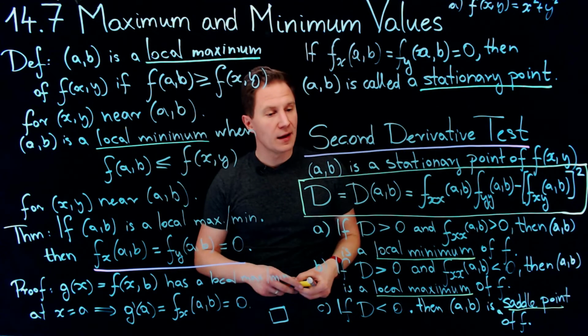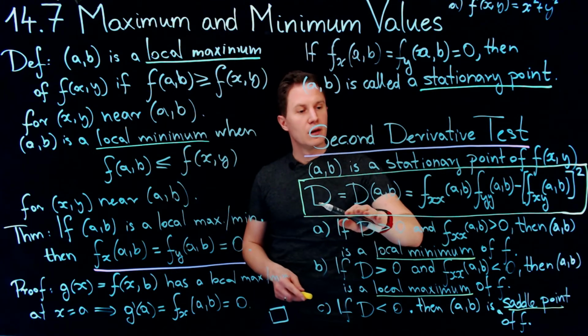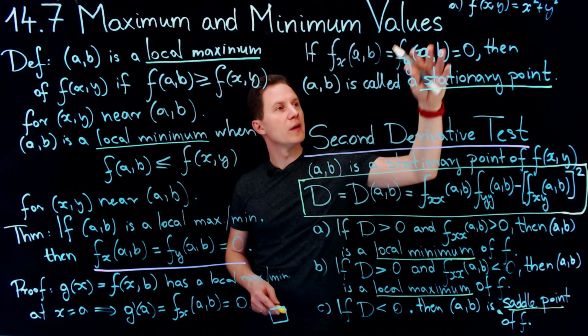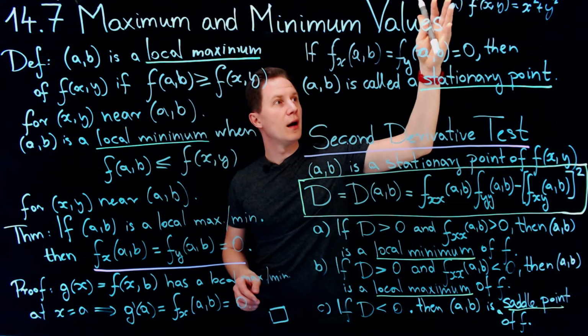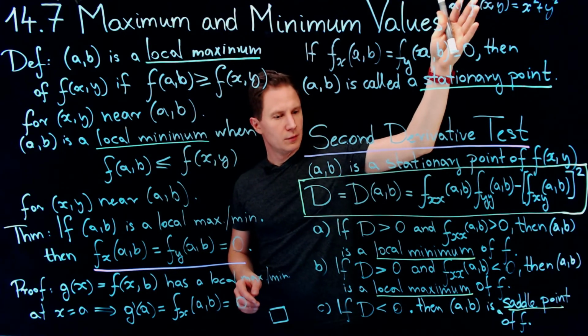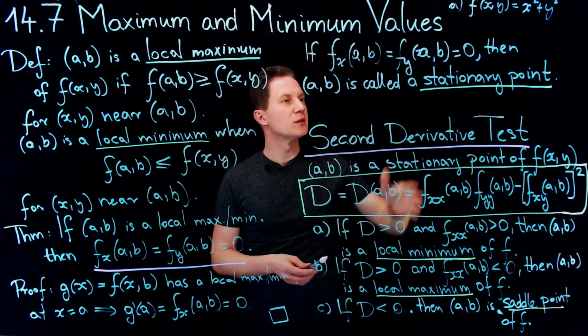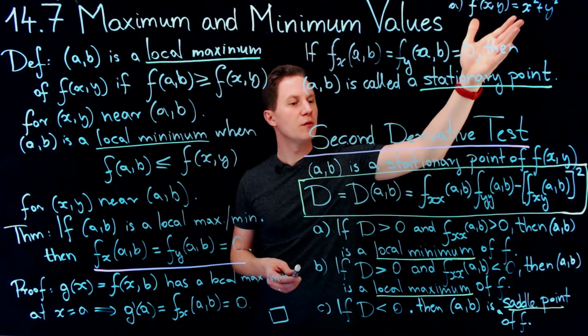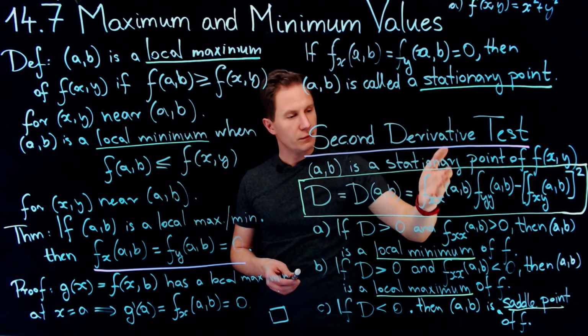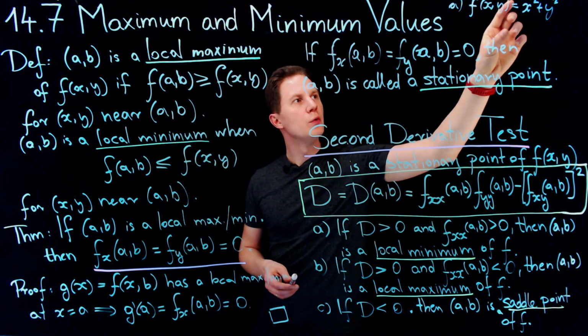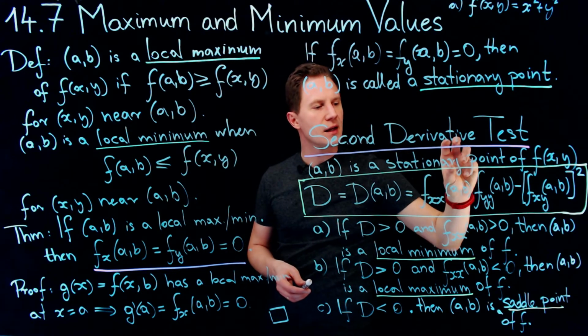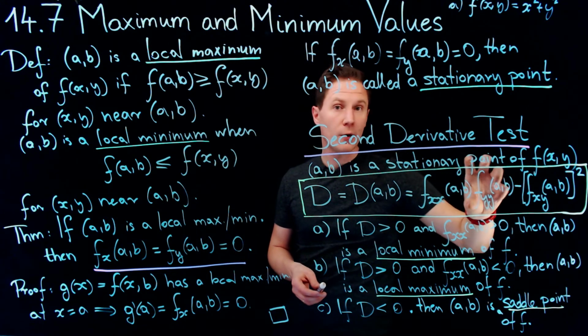Okay, I hope you paused it and computed D and found it to be positive at that point, because if you compute the second order pure partial derivatives of this function, you get 2 for f sub xx and 2 for f sub yy.